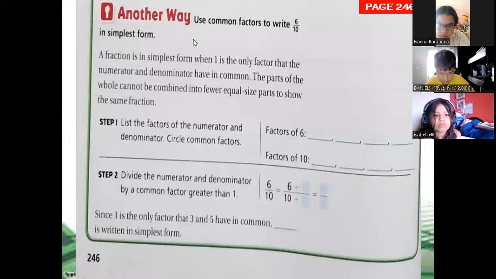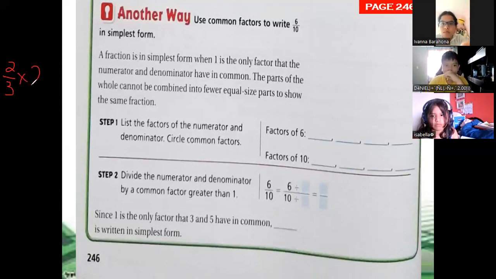Another way. Remember that we have been working with fractions. We know that a fraction has two parts, numerator and denominator. We also learned last week that to generate an equivalent fraction, we multiply our original fraction. With 2/3, I multiply by the number I want.